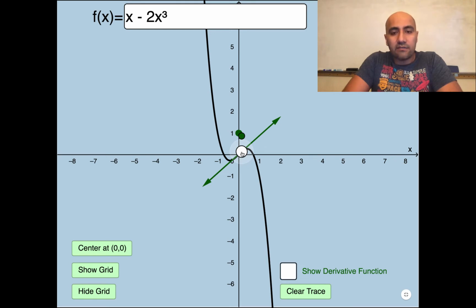The green line still has a positive slope, but it's a little bit smaller. That's why this little dot appeared that's a little bit lower. The slope is still positive, but a little bit smaller, until it reaches a nice horizontal level.